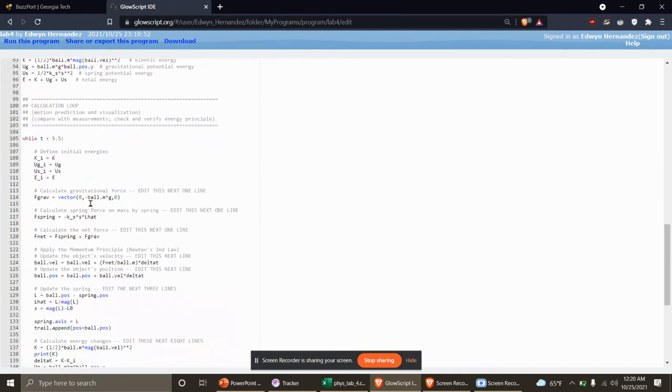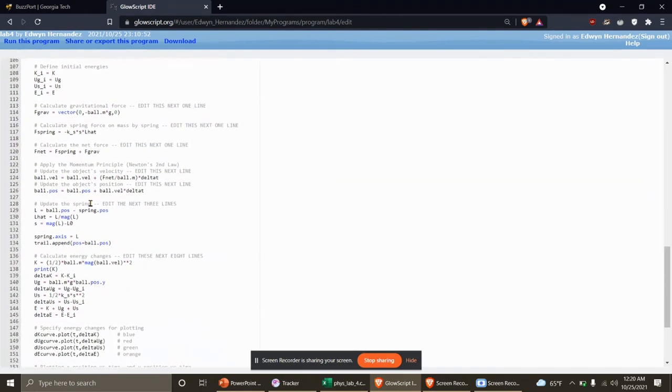Then right here we have our loop for finding each one. We have the force of gravity and the force of the spring, and we use those to get the net force. We use that to update the velocity and the positions.